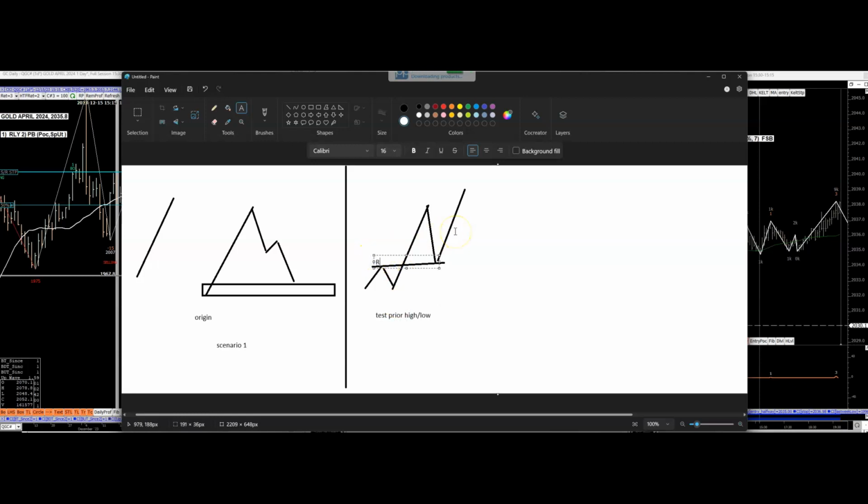Now, in my opinion, it has a higher chance of happening if the 50% level is above here.